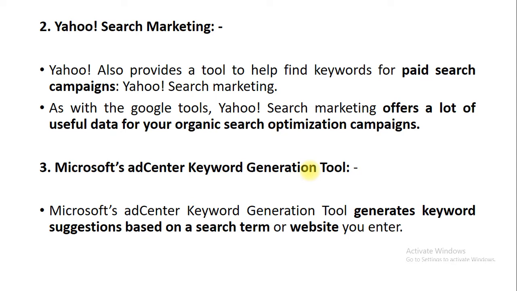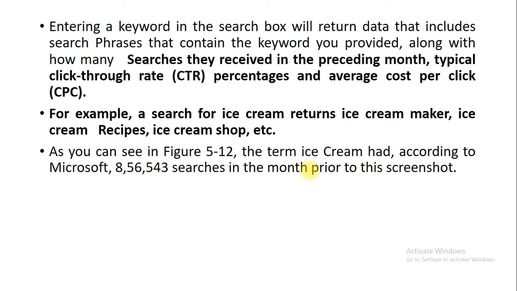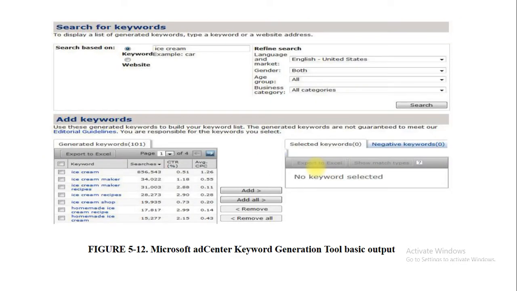Next is called Yahoo Search Marketing. This is a campaign of Yahoo which provides paid as well as organic facility. The Microsoft adCenter keyword generation tool gives you suggestions based on the search term. It also gives you the facility to understand the click through rate, which is the full form of CTR, as well as the average cost per click. Over here we have taken the example of ice cream.